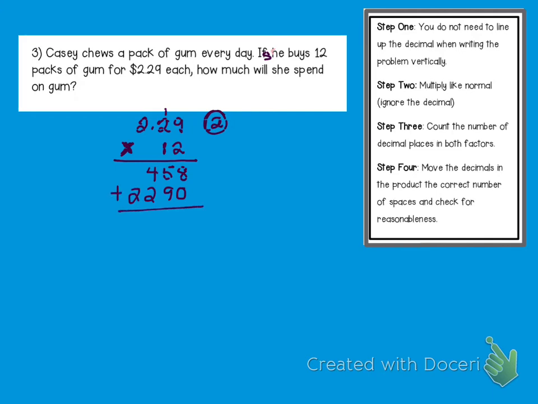Okay, we're going to add our numbers. 8 plus 0 is 8. 9 plus 5 is 14. 4 plus 2 is 6, plus 1 is 7, and then 2. Okay, so what do we do with that 2 right here? We put it back in our number. Start in the back. 1, 2. Okay, we get $27.48 on gum.